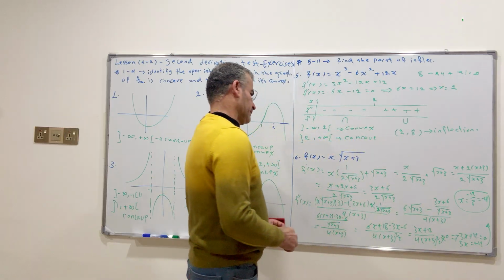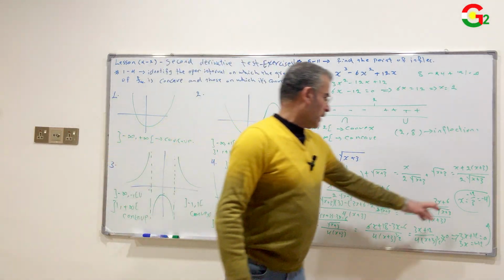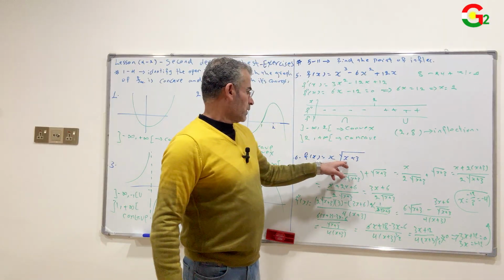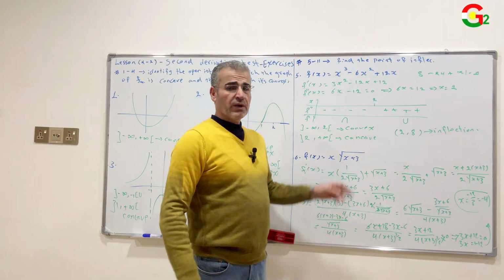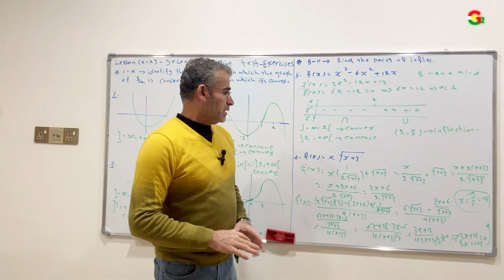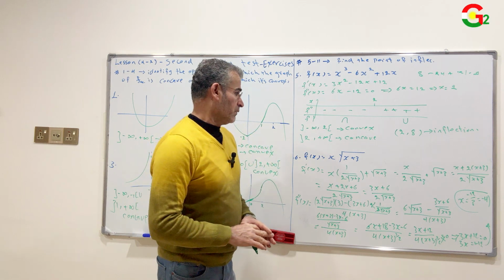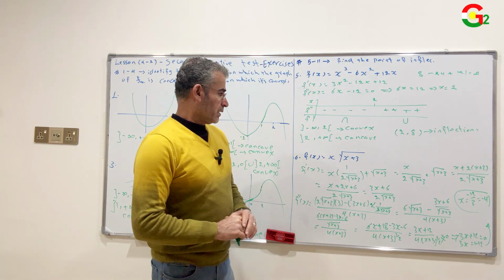This is the critical point. X equals negative 4 is not in the domain of the function, because the domain of this function is from negative 3 to infinity, and negative 4 is less than negative 3. Therefore, negative 4 is not a critical point.